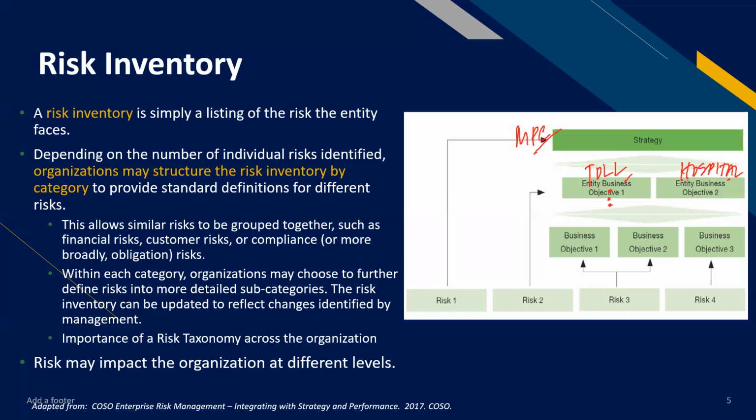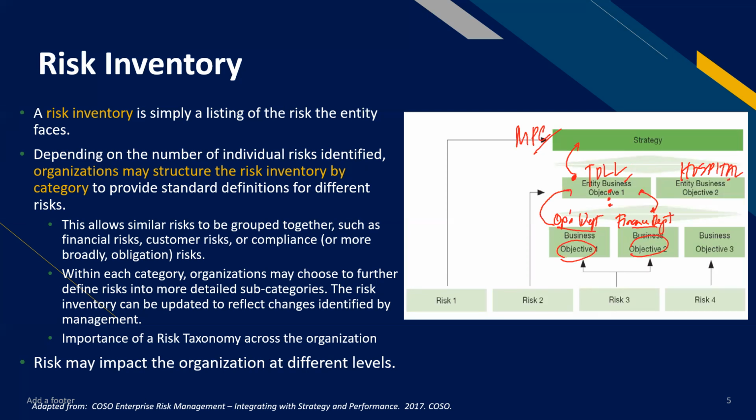Under the toll company, there's the operations department, there's the finance department, etc. Okay, and those departments have their own business objectives that support the objectives of the toll road business. Okay, and the objectives of the toll road business support the overall corporate-wide strategy of Metro Pacific Investments Corporation.